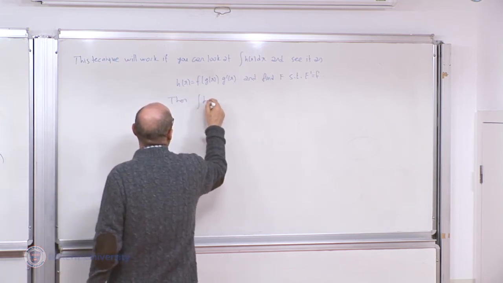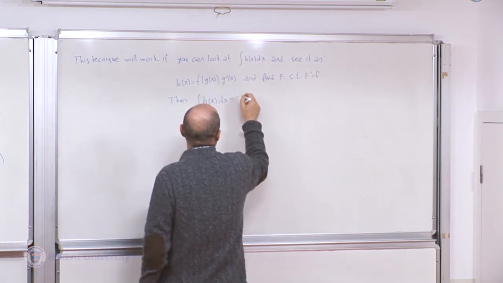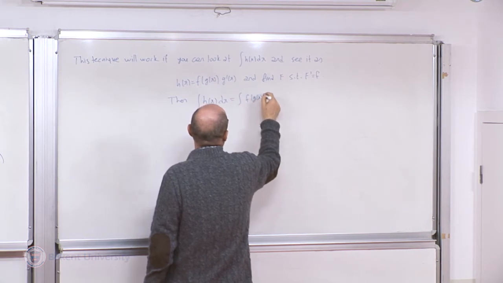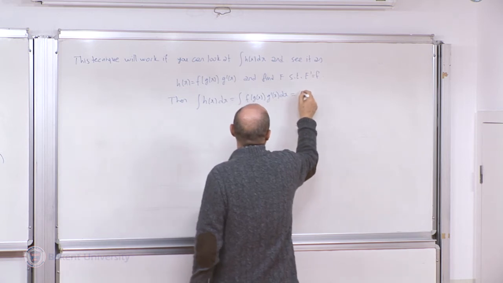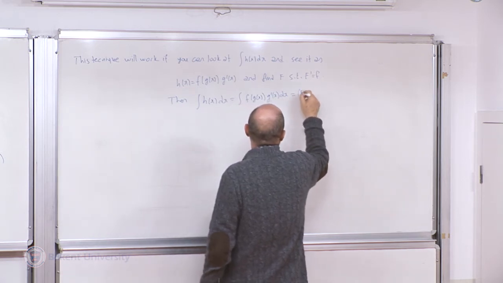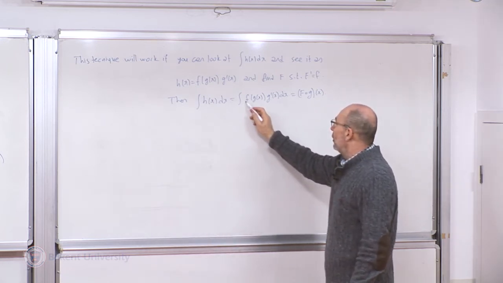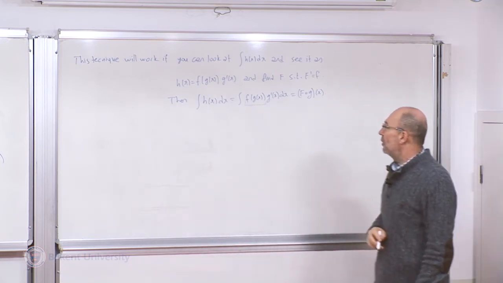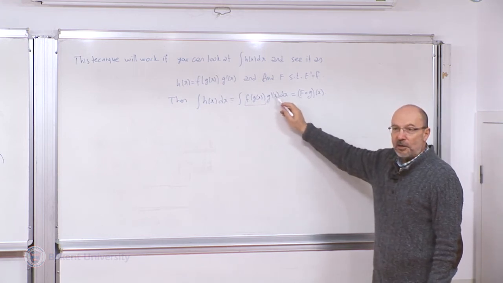Then the integral of h of x dx is equal to the integral of f of g of x g prime of x dx, and that's equal to F composite g of x. Because I find an antiderivative of this, and this one I already see as the derivative of something, so g is available.